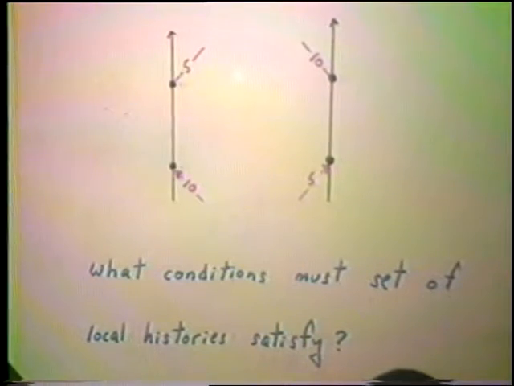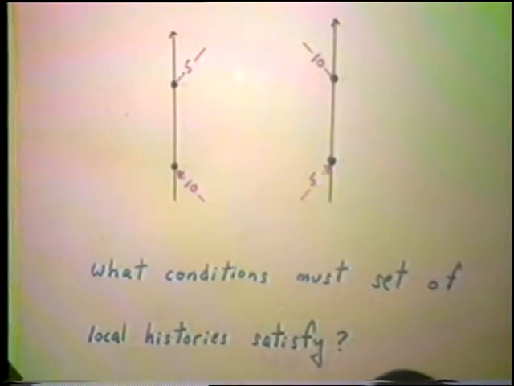So the first question we have to ask is, what conditions must a set of local histories satisfy in order to be able to paste them together into a possible single system history? There are two answers to the question, which depend on our two ways of looking at things.